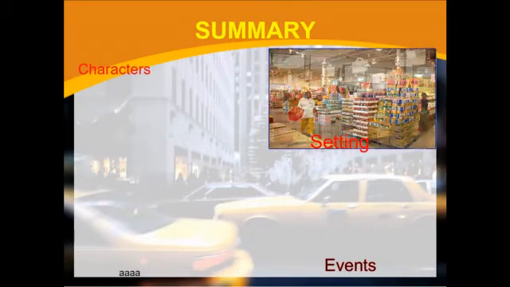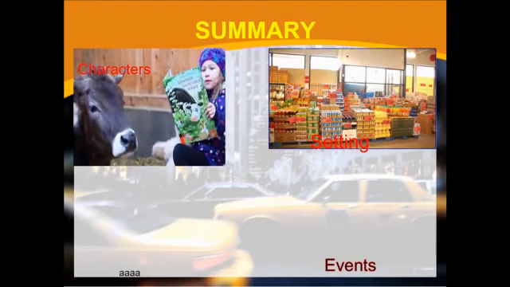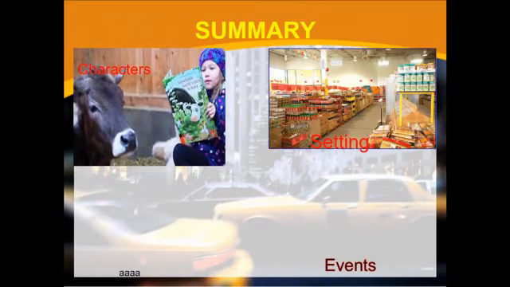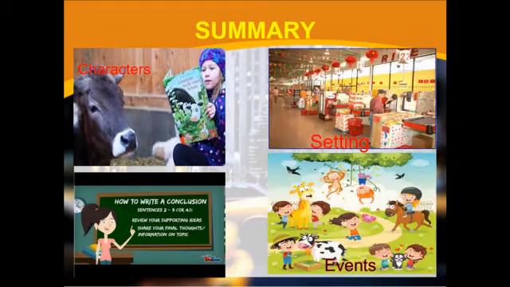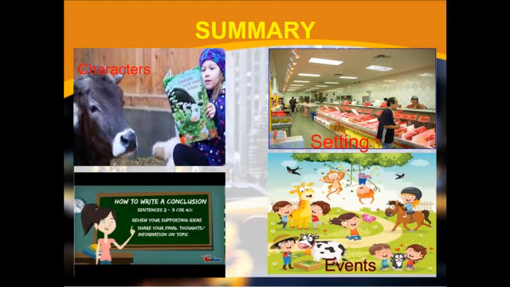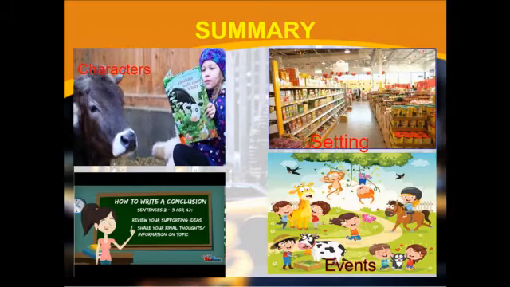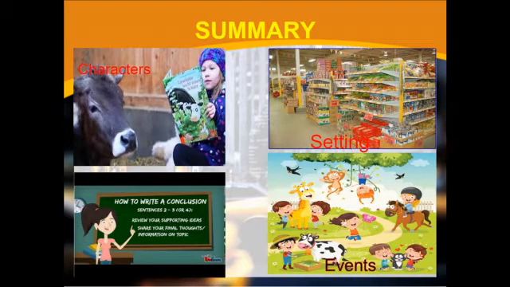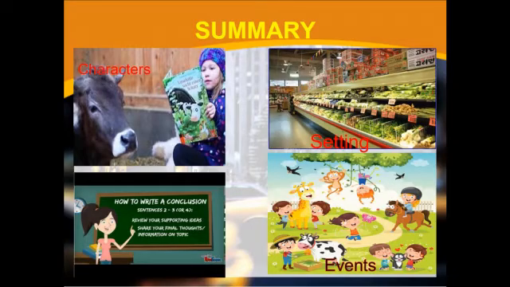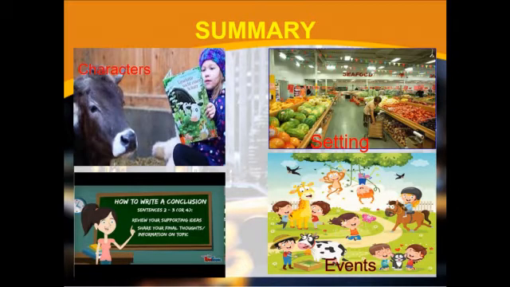As I said earlier, on the next slide we look at how an author can organize his writing or critical review. You can talk about the characters, like you can see in this picture. We have a kid reading a book, and then we have an animal, a bull.